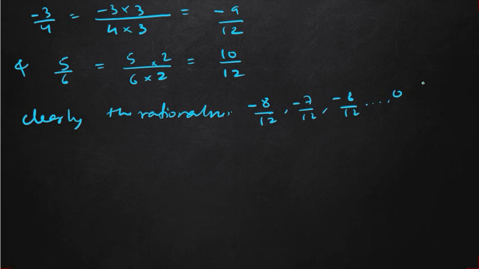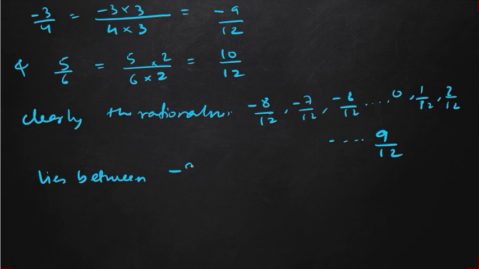Then again 1 by 12, 2 by 12, and this will continue till 9 by 12. All lie between minus 9 by 12 and 10 by 12. So from this you have to take any 10.